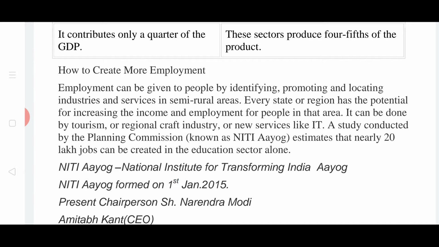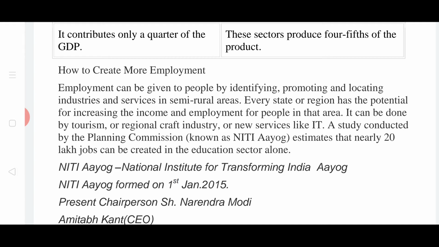So if these industries are installed, and factory outlets are there in semi-urban areas, then people will not shift from rural or semi-urban areas to big metro cities. In this way we can create more employment, because the cost of living in an urban area is more. People have shifted from rural or small urban areas to metro cities, so there is so much population and pressure, and some of them are unemployed.